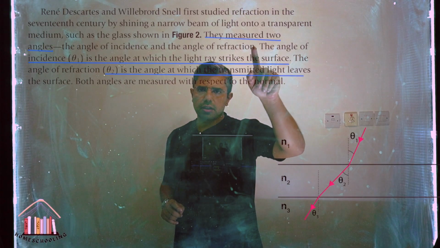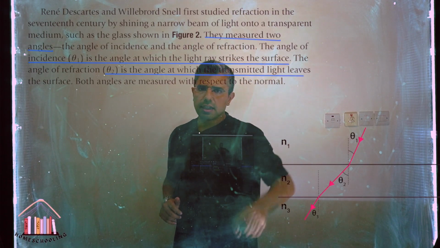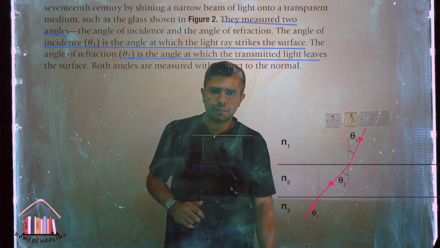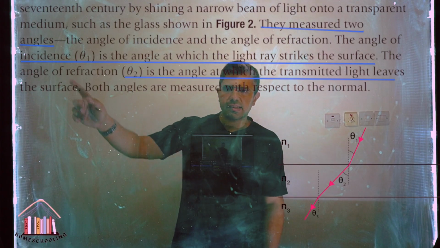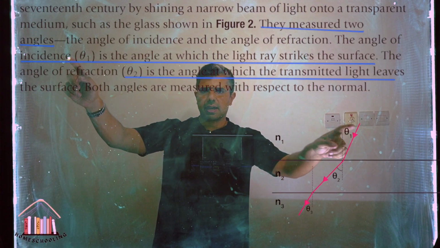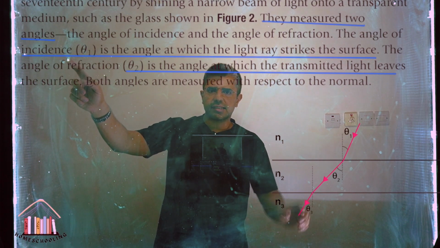So René Descartes and Snell, both of them, measured two angles. What did they notice? The incident angle θ1, the main angle here, is the angle at which the light strikes the surface.